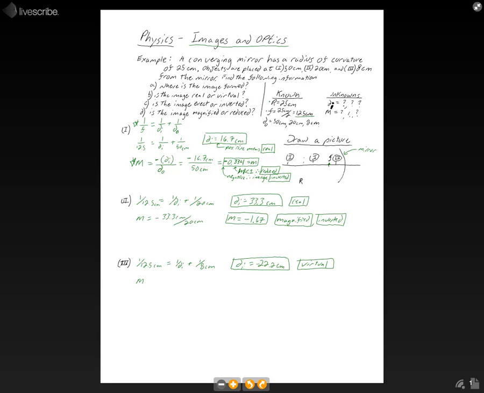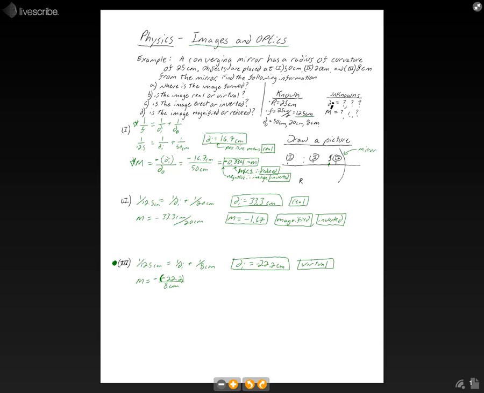Then magnification is equal to minus di, so minus negative 22.2 divided by the distance of the object, which is 8 centimeters.